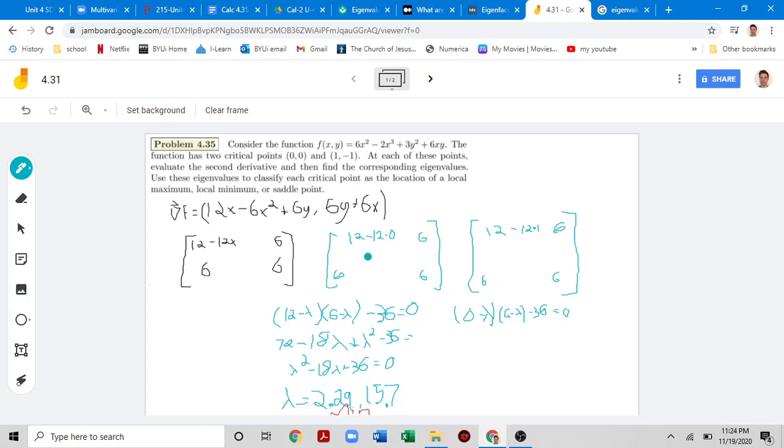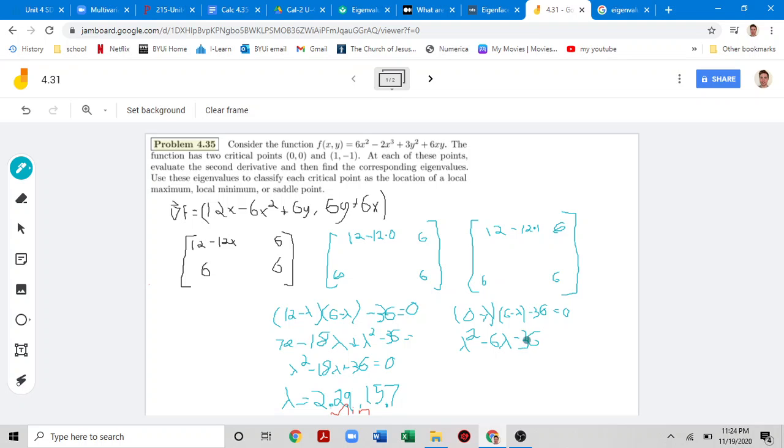What we can do, remember this is a negative lambda. Sorry, it looks a little weird. So this will just be lambda squared, because negative lambda times negative lambda, and that minus 6 lambda, and that minus 36.